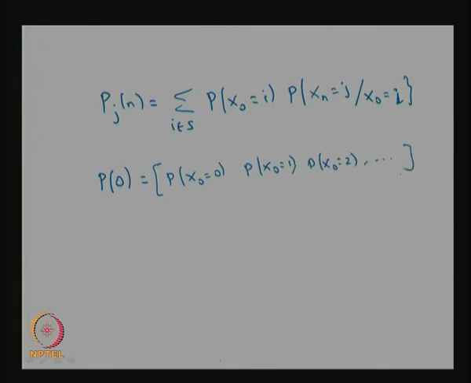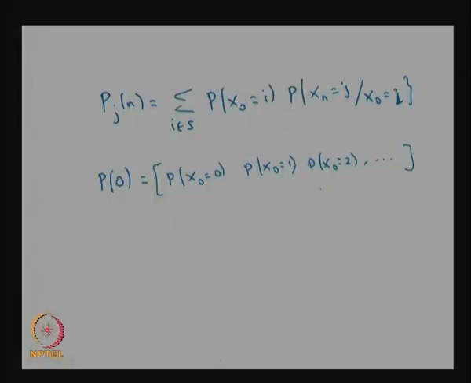So, this is the initial probability vector. We have taken the states 0, 1, 2 and so on because, unless otherwise mentioned in the state space, these are the possible values. Unless otherwise assumed, you can always take these values. So, this is the initial probability vector or initial distribution vector.